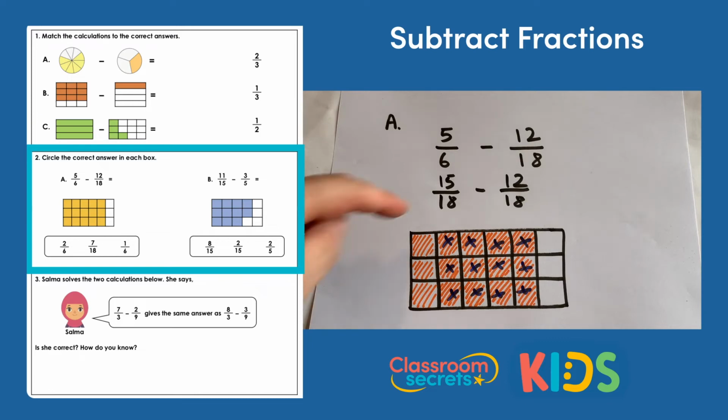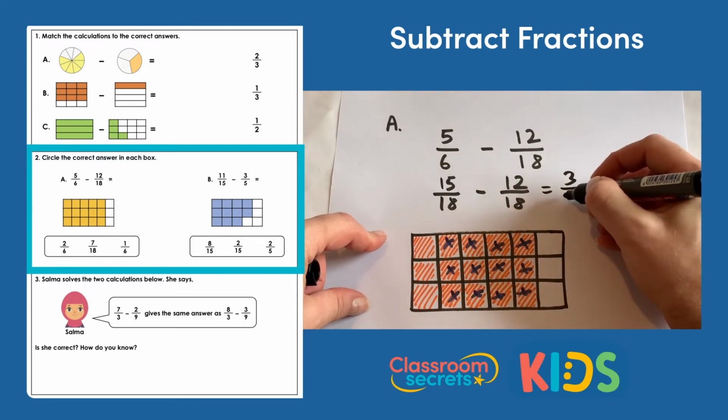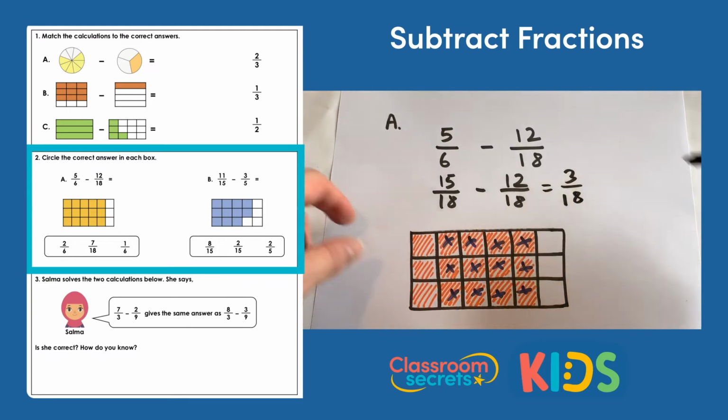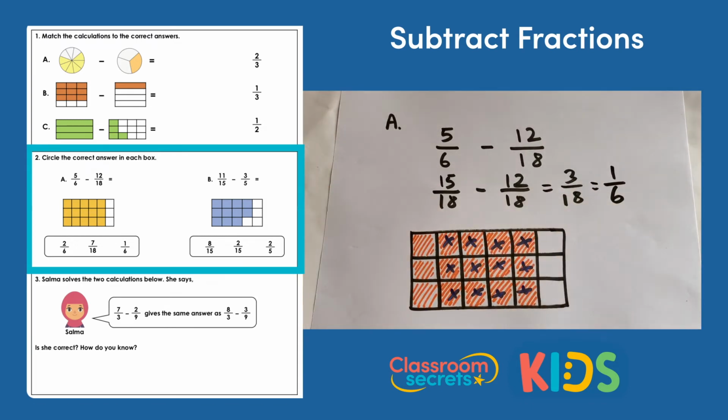So 15/18ths take away 12/18ths will be 3/18ths. And we can convert 3/18ths, we can divide both the numerator and the denominator by 3, which will mean we have 1/6. So 3/18ths is equivalent to 1/6.